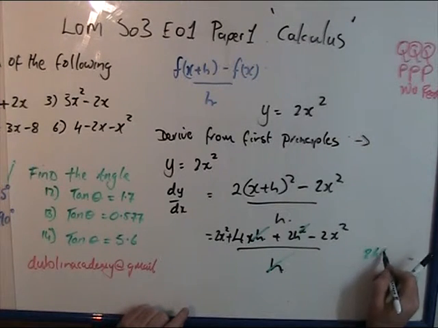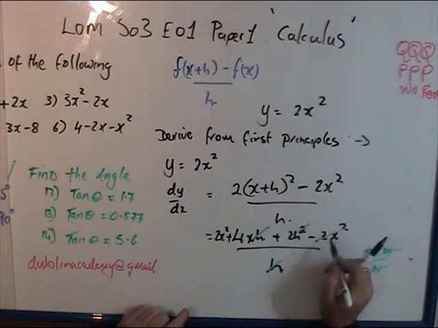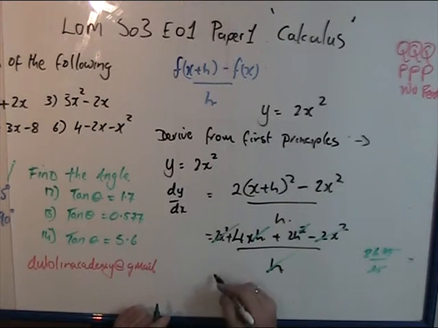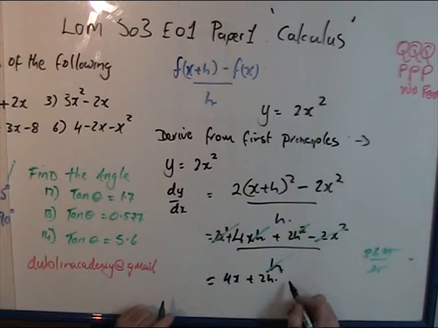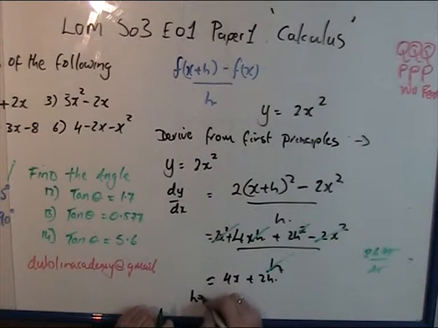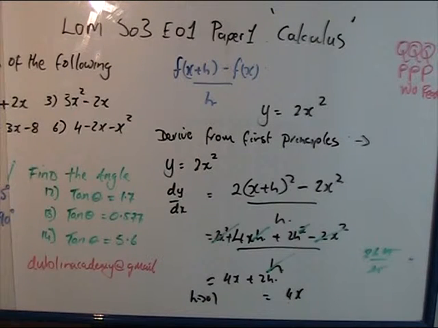So it's 2h, h all over h, cancel, left with 2h. The 2x squared terms cancel, and the answer is 4x plus 2h. Now, h goes to 0, so the answer is 4x. That's how you do it by first principles.